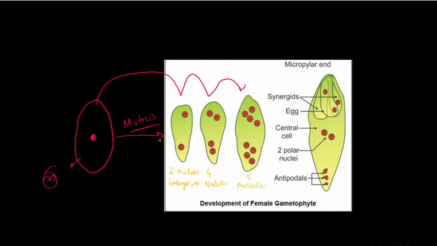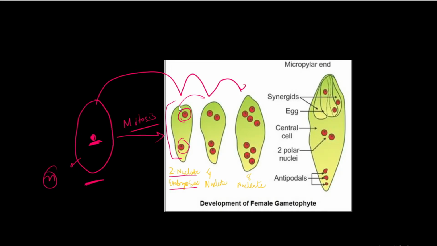The nucleus of the megaspore now undergoes mitosis. As a result, two nuclei are formed in a single megaspore. This stage is called the two nucleate embryo sac.